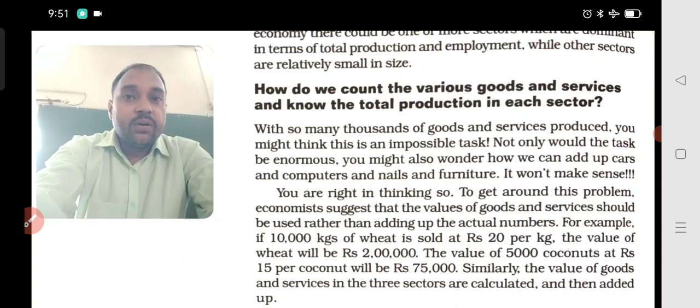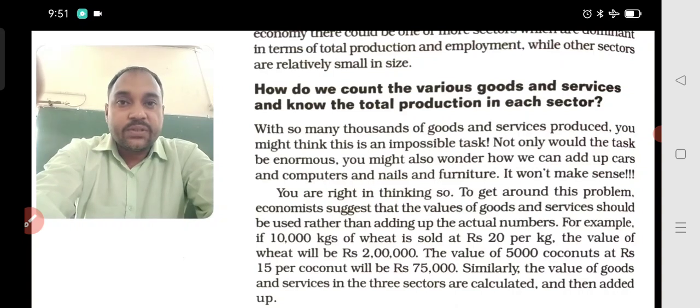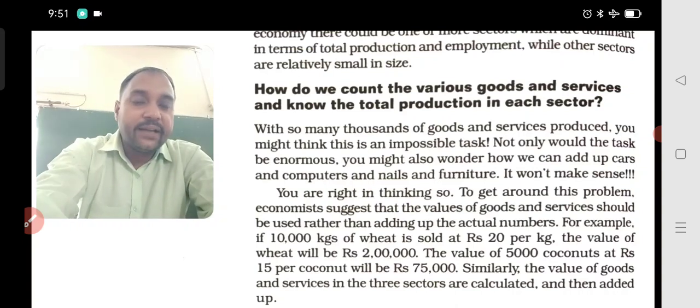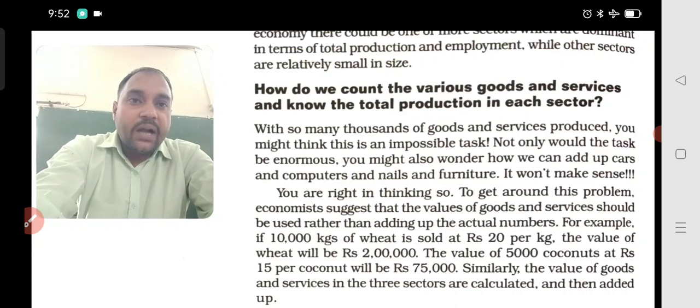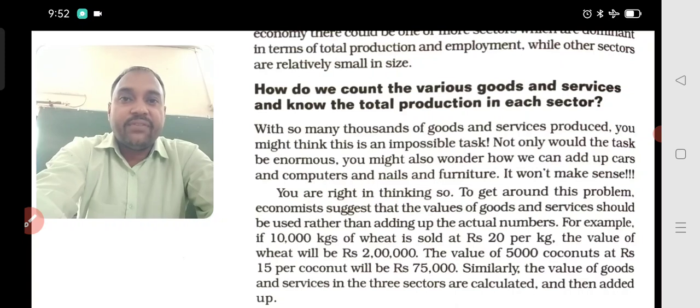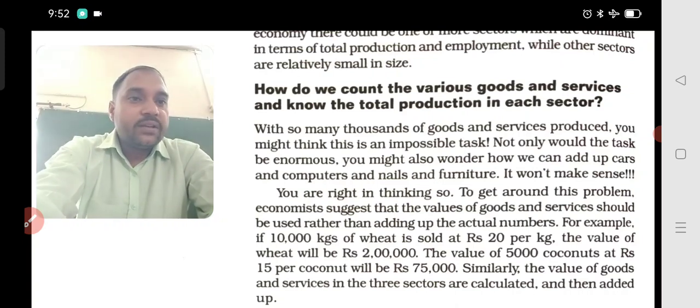What products are we producing in the economy, from a nail, from a small needle, from a small nail till a big jumbo aircraft, we are producing all these things, and it is very difficult to count. It's a very big task and very difficult to count the value of each and every product, goods and service in the economy.